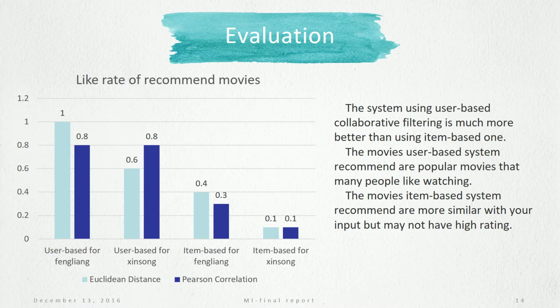We can see that the system using user-based collaborative filtering is much better than the item-based one. However, this result may not be convincing because the sample size is too small. We should ask more people to evaluate our system. But we believe that the result would be optimistic.